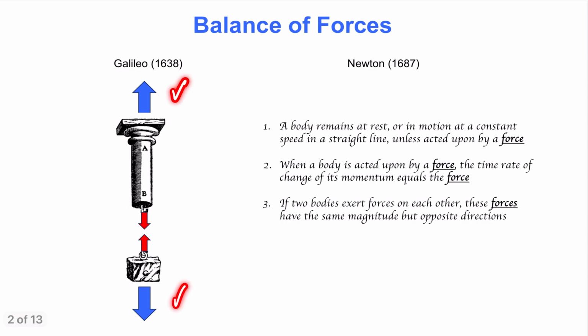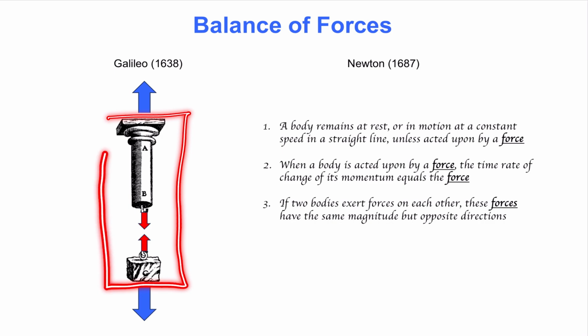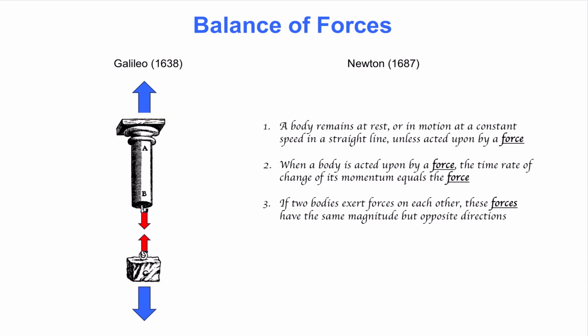In the same century, in 1687, Newton published his famous 3 laws of physics. The first law addresses global equilibrium of the body in question, in this case a column attached to a rock. The 2 blue arrows must represent equal force values with opposite directions. In other words, there must not be a net force acting upon this assembly.